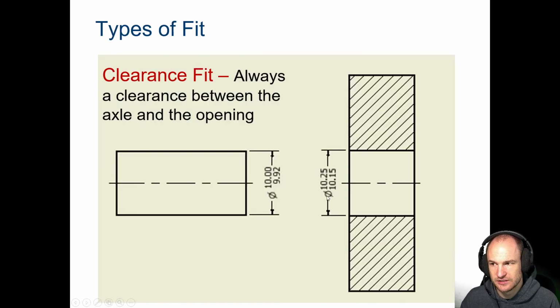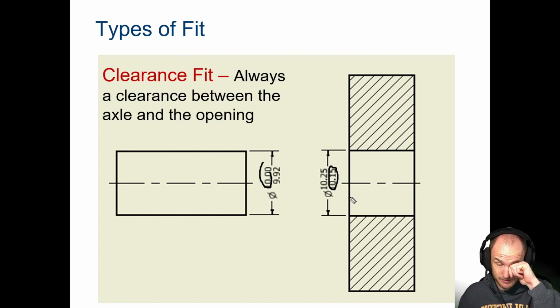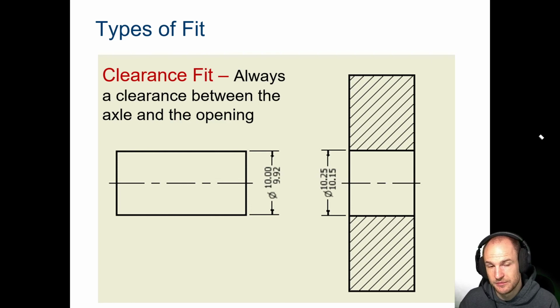But basically, this would be like, say, if we looked at all of this, and if we took the maximum materials and subtracted them and it gave us an allowance, that's a clearance fit. But then if we looked at the opposite end, the least, and we subtracted them and we got an interference fit, or vice versa, that'd be a transition.